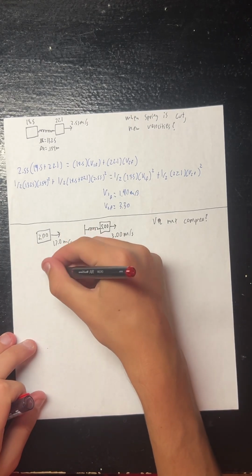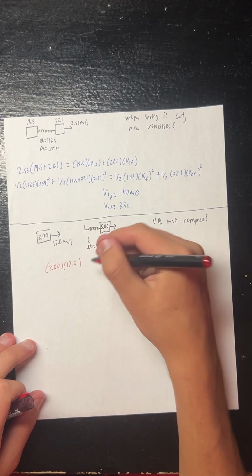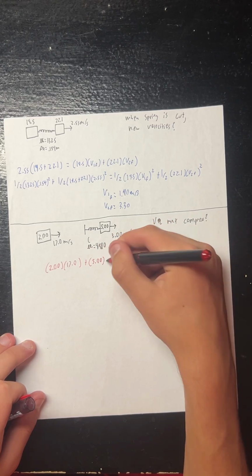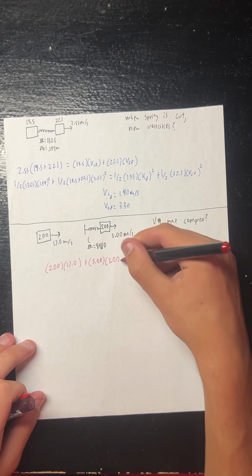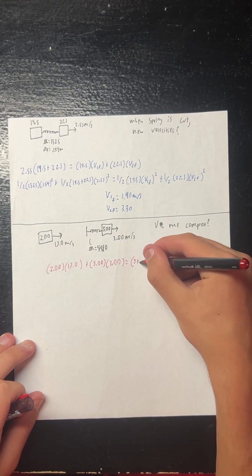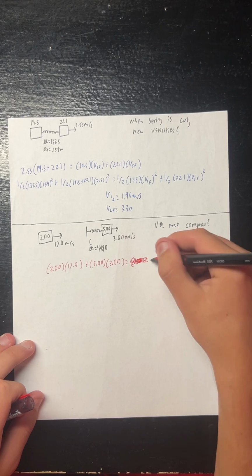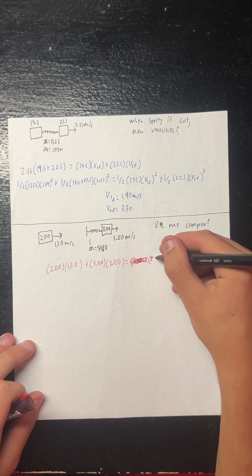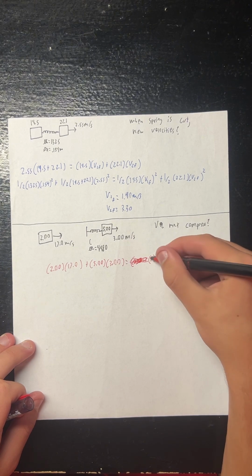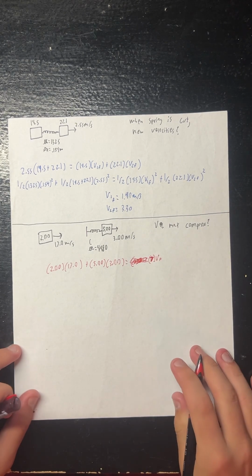So m1 2.00 times 17.0 plus m2 5.00 times 3.00 equals our masses combined, which is 5 plus 2, which equals 7. So 7 times VF.